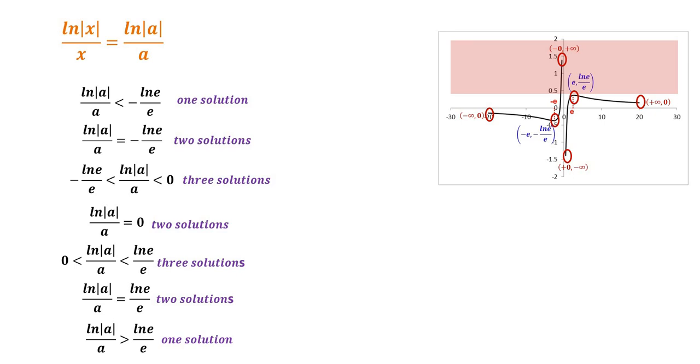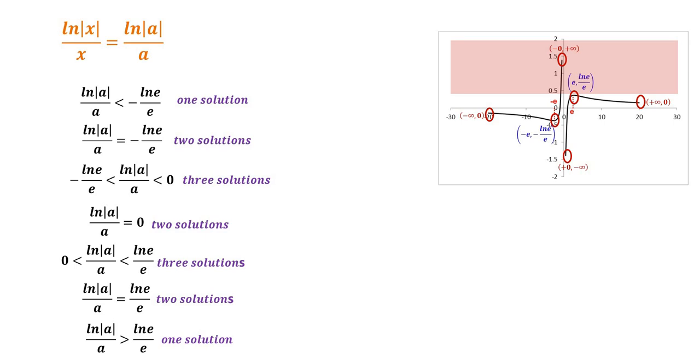So with this, we discussed the range of ln absolute a over a and the corresponding number of solutions. The target is the range of a, different values of a, and the corresponding number of solutions.